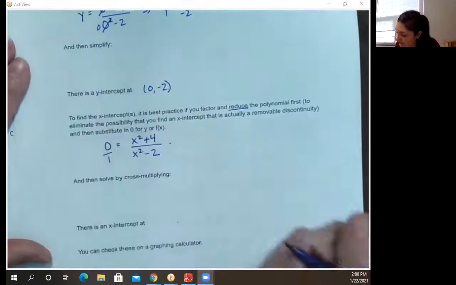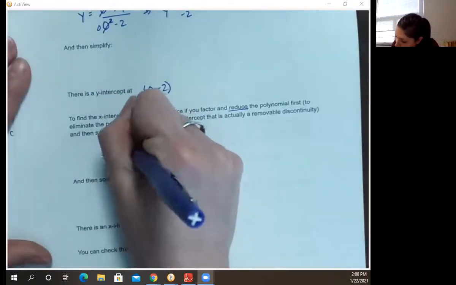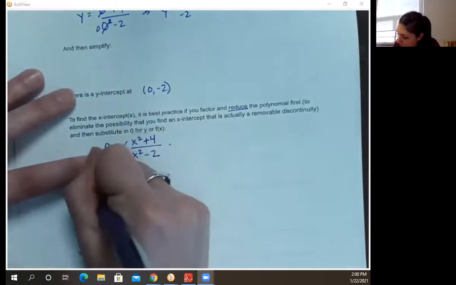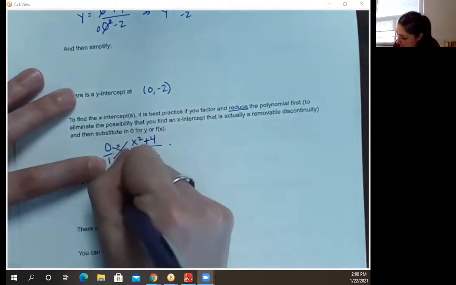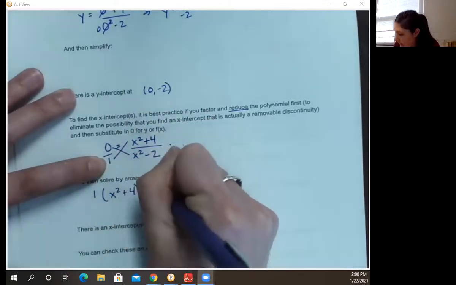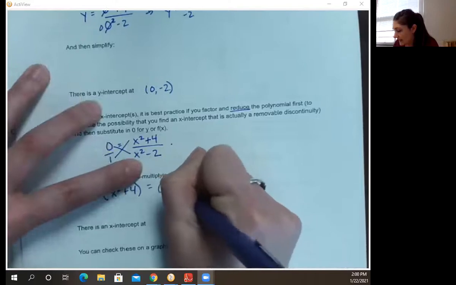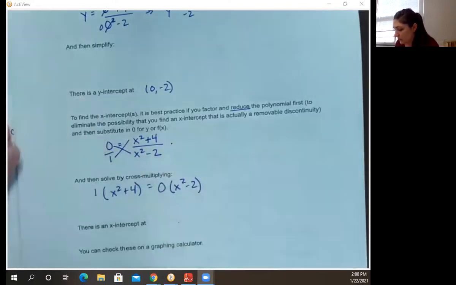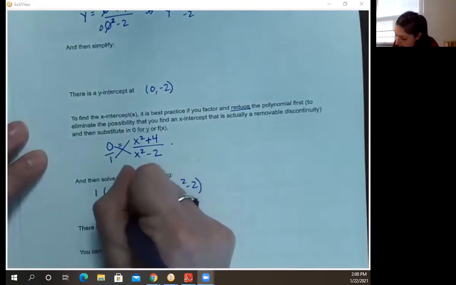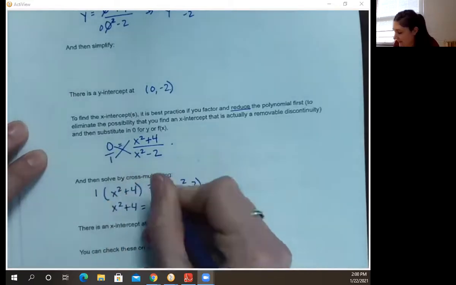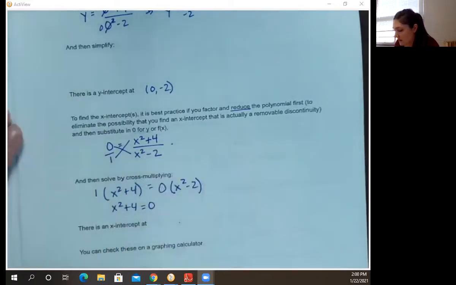I'm going to write this as cross multiplying. So when I cross multiply, I would have 1 times x squared plus 4 equals 0 times x squared minus 2. 1 times anything is just that thing. And then 0 times anything is just 0. So I get x squared plus 4 equals 0.